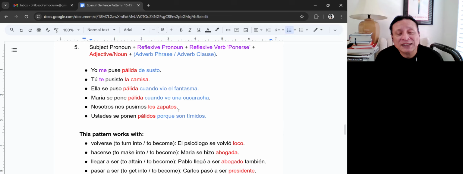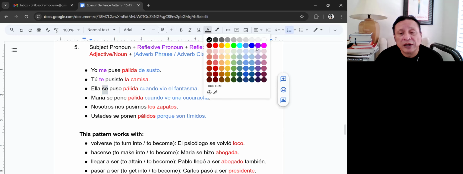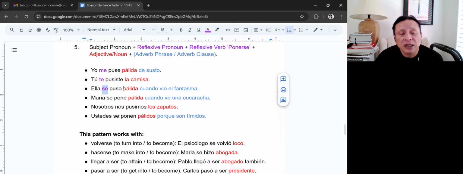That's when she becomes, and so reflexive pronoun. The sentence pattern works for present tense, like pone, or it works for puso for past tense. There's no distinction here in the tenses. The pattern is applicable for whatever tense you're using here.